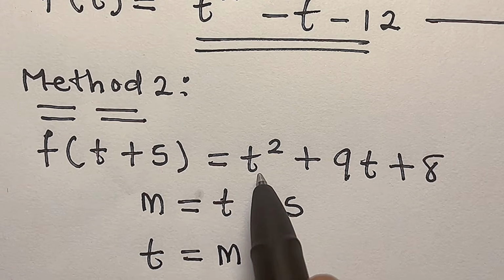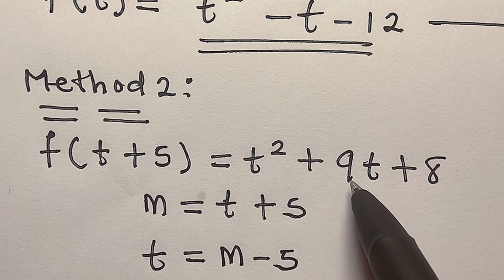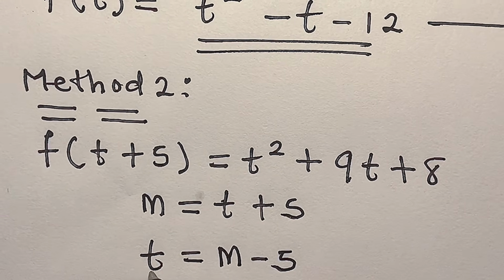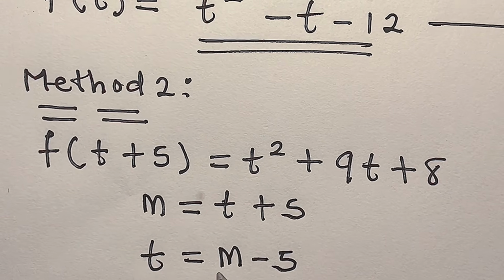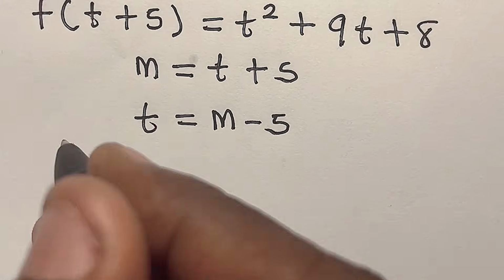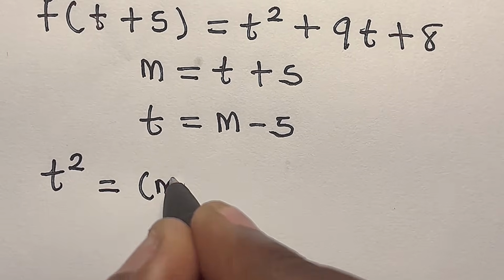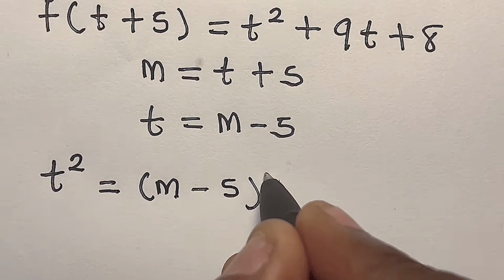So now, let's observe that we have t squared here. To obtain t squared, we have to square this. If we square this, we are going to have t squared equals m minus 5 squared.